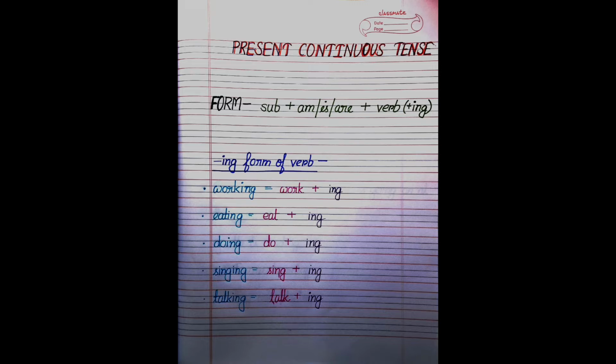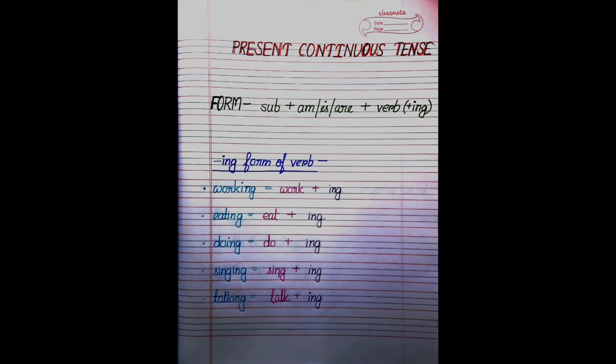So, the form used here is subject, either am or is or are, then the ing form of the verb. Now, the ing form of the verb is very important because it is actually representing the continuity of the tense.